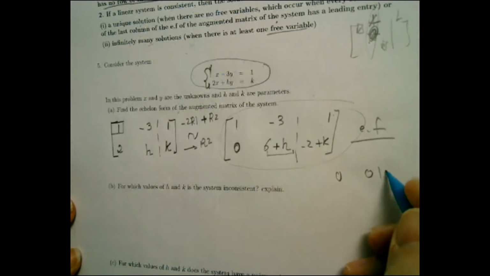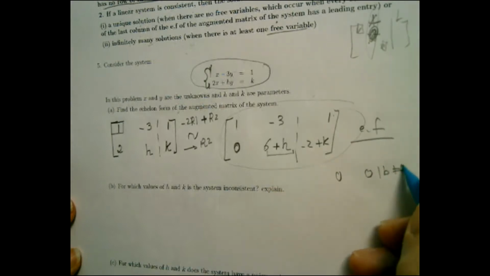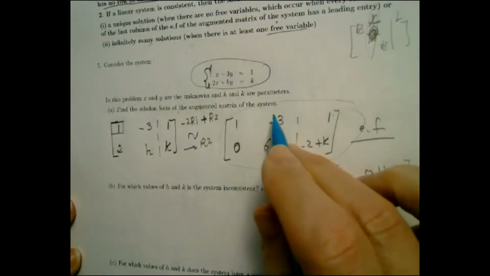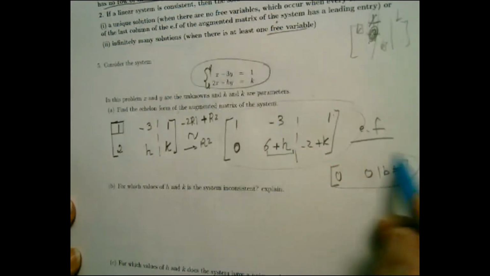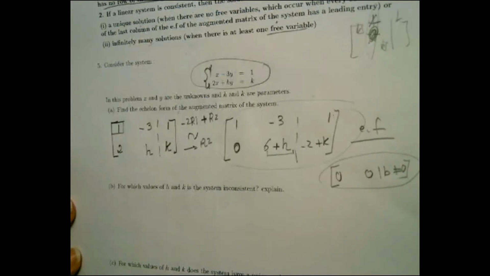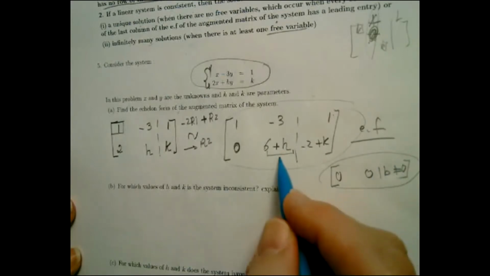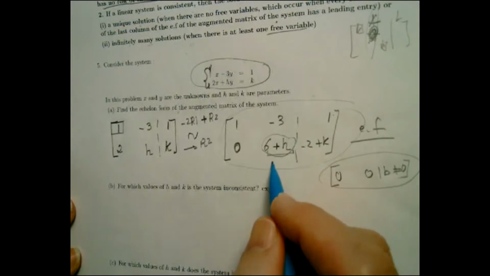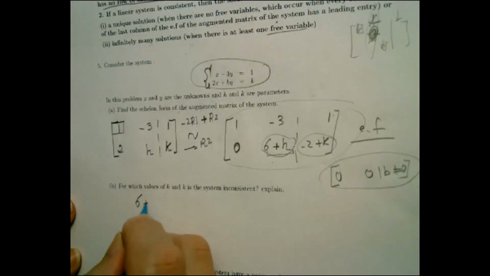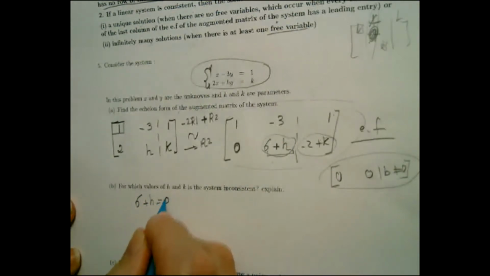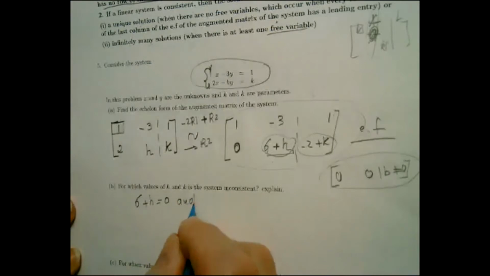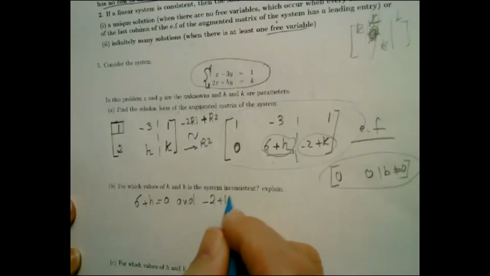So anything that looks like that, if the matrix in echelon form has a row like this, it causes inconsistency. So what's going to cause the inconsistency is every value that makes this 0, but this one not 0. Okay, so it's inconsistent when 6 plus H is 0 and -2 plus K is non-zero.